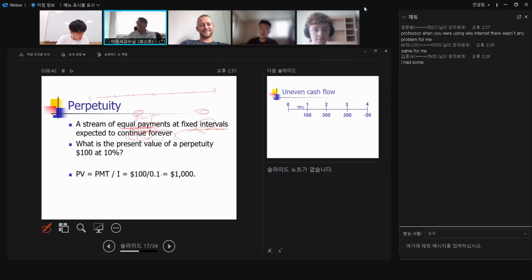The British government issued a government bond in, say, the 18th century, 17-something, to raise funds. At that time, for example, the principal is $100 and the interest rate is 10%. Then the British government provides $10 every year, forever, right?